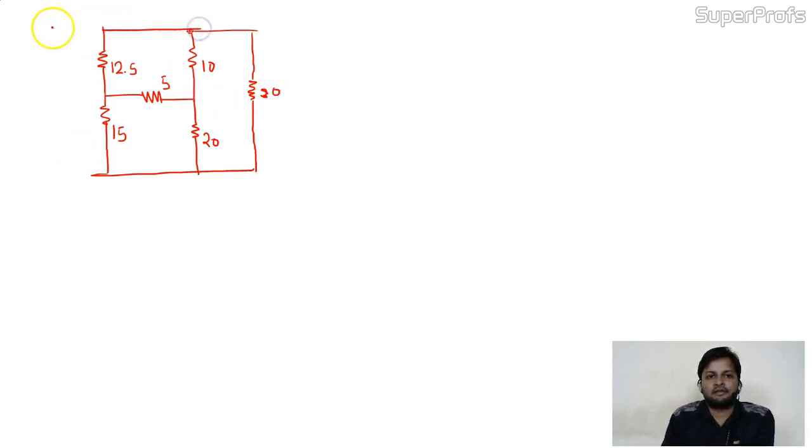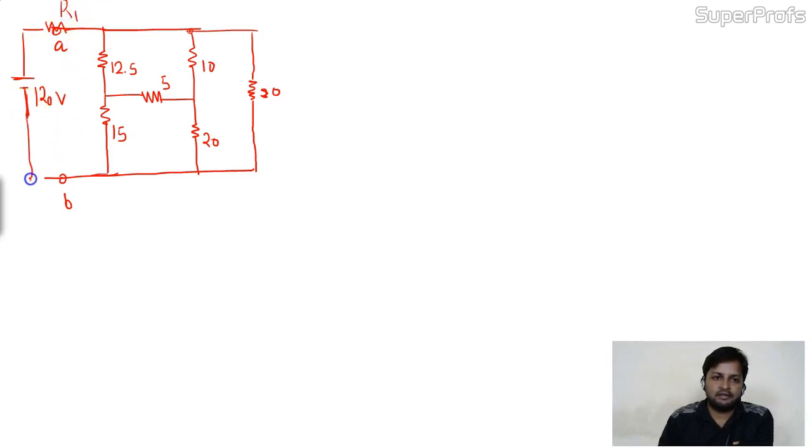And here this is A and this is B, connected with a 120 volt battery. I think here also one resistance is given. We'll check the value later. We have to find out the equivalent resistance of this circuit across terminal A and B.